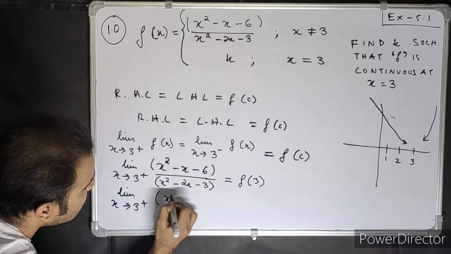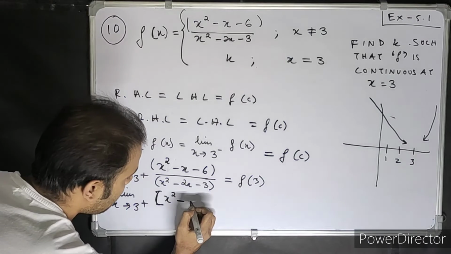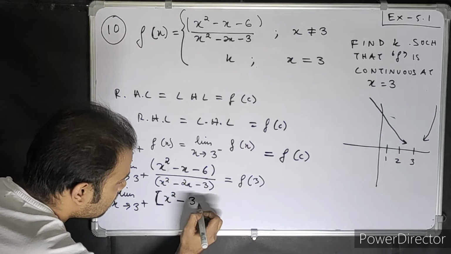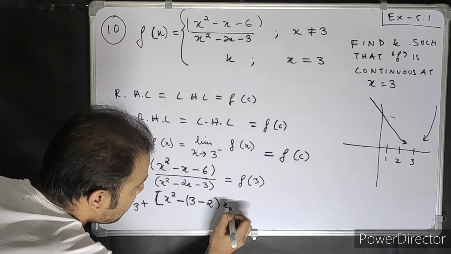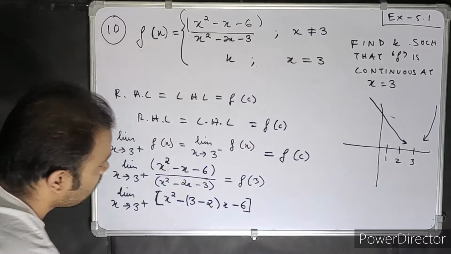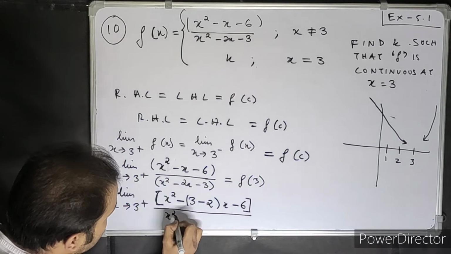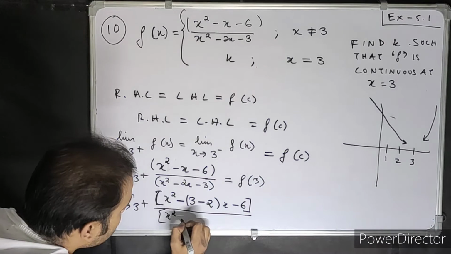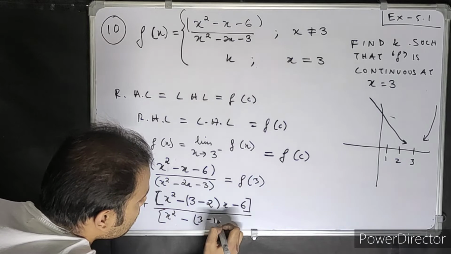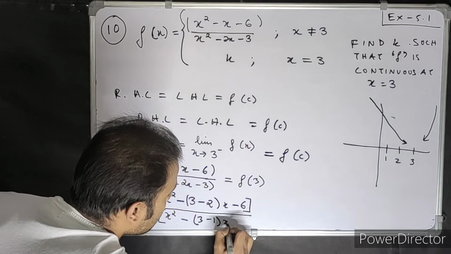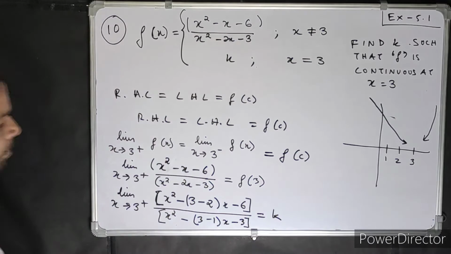So this is x square minus (3 minus 2)x minus 6 divided by x square minus (3 minus 1)x minus 3 is equal to k.